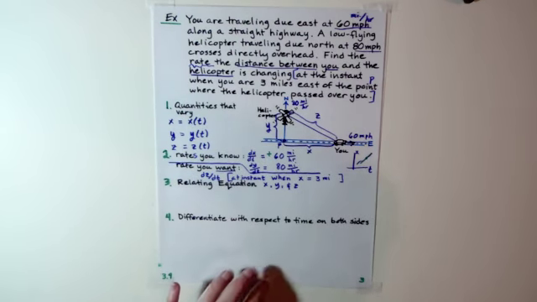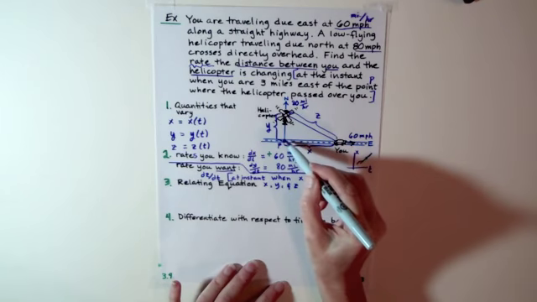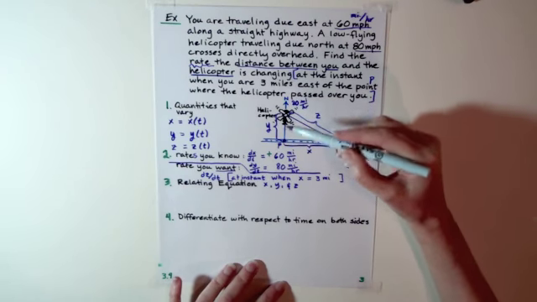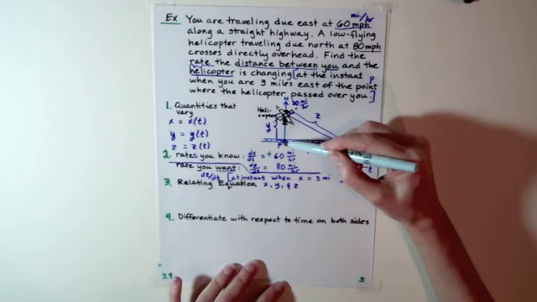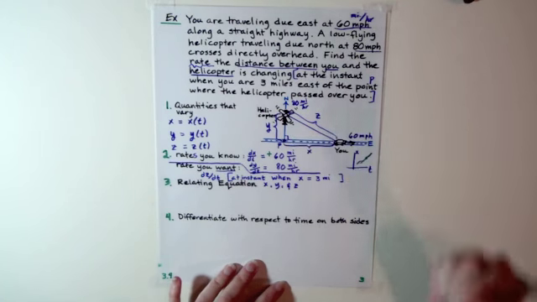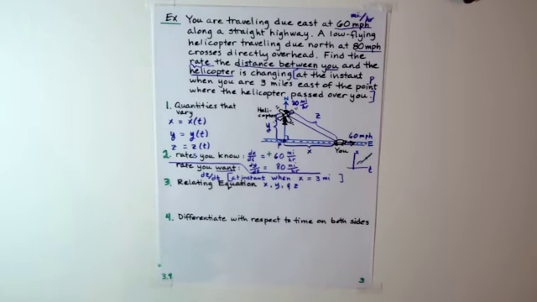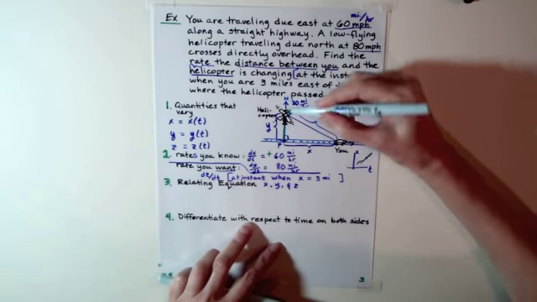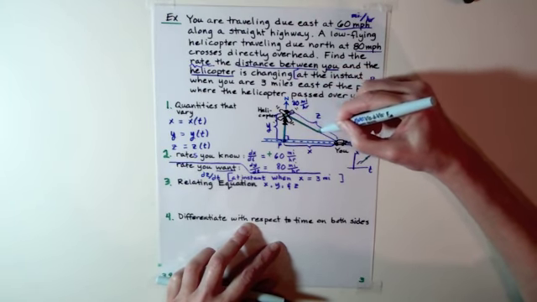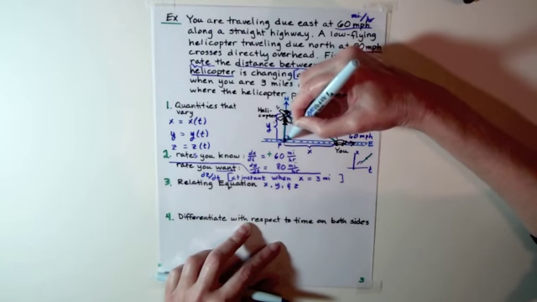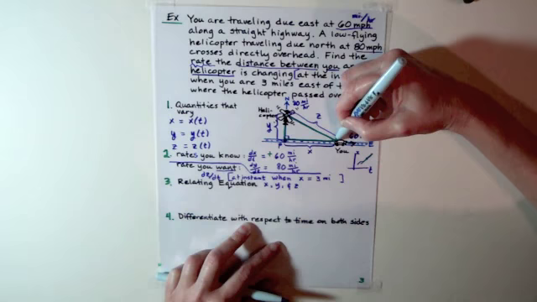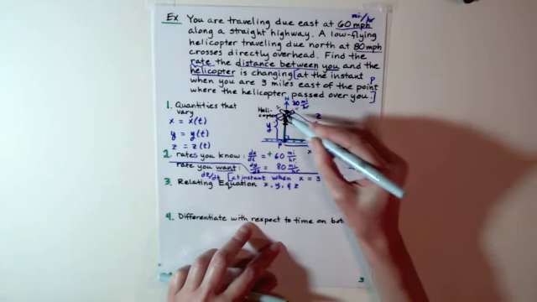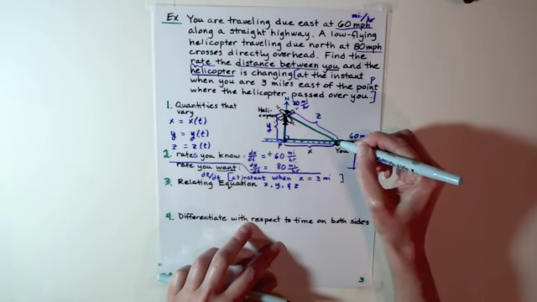Okay, well, remember that the way the problem was described, you are going due east and the helicopter is going due north. And so what's true about the angle here? This has to be a perfect right angle. And that means that we have actually a right triangle in our picture. So I'm going to highlight the triangle in green, where the sides of the triangle are y, x, and the hypotenuse we labeled z.